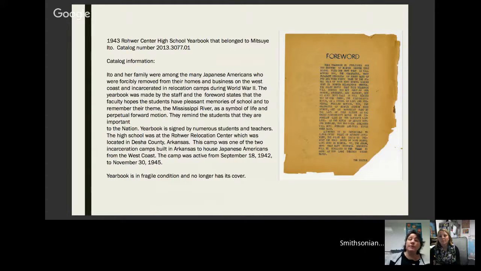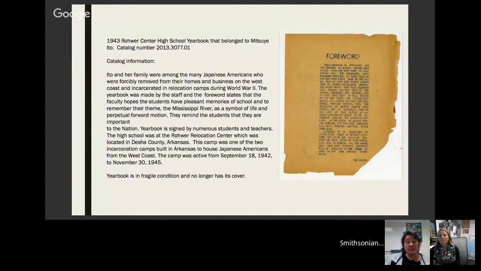But this is a really wild object, in my mind, historically. It was a woman who owned it. Her name was Ito. Her family was brought all the way from California. I think there were two internment camps, Jerome and Rohwer, in Arkansas.